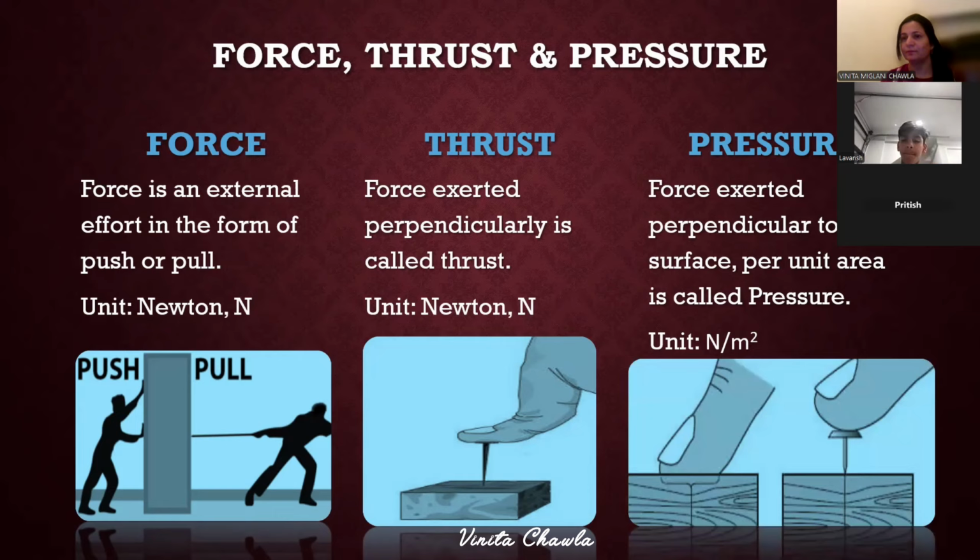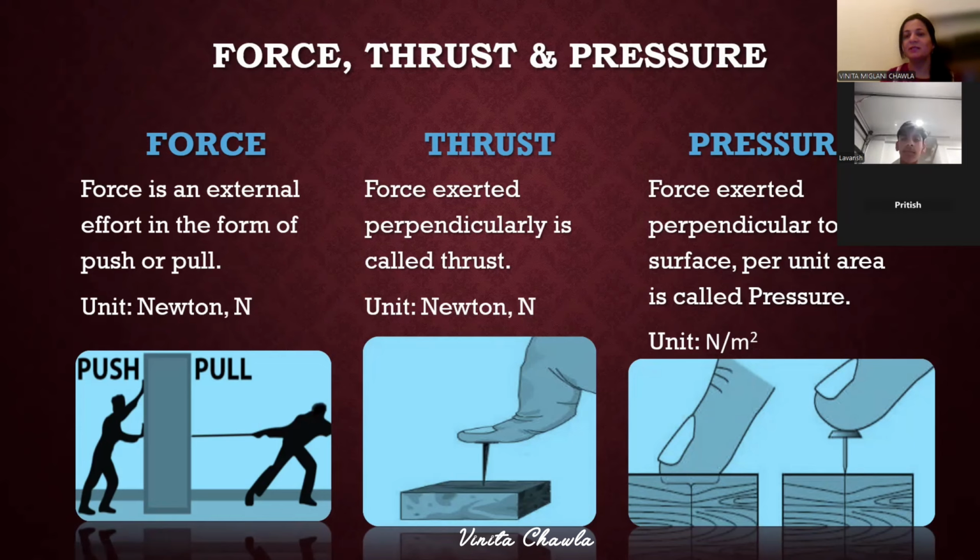So thrust per unit area, or perpendicular force per unit area, is called pressure. Pressure is force upon area, and force is measured in Newton, area is in meter square. So pressure is Newton per meter square.